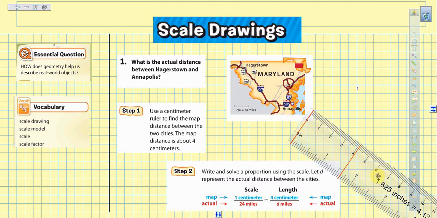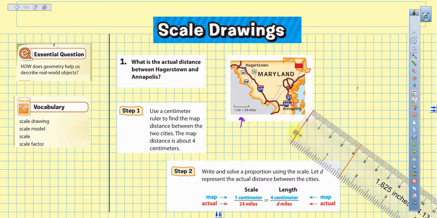In fact, my foot is bigger than 4 centimeters. So what does that mean? Well, we can look at the scale of the map here. And the scale of the map tells me that for every one of those centimeters, it's 24 miles. And there's my scale of my map. So all maps have this scale.